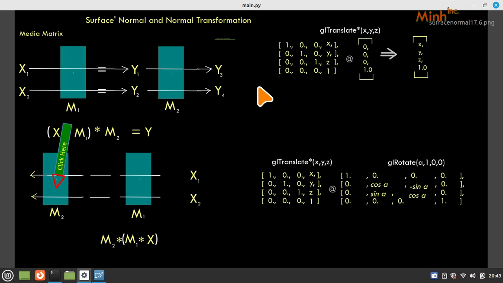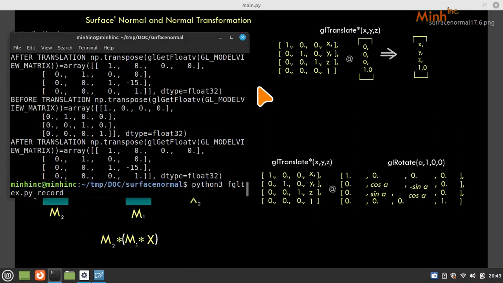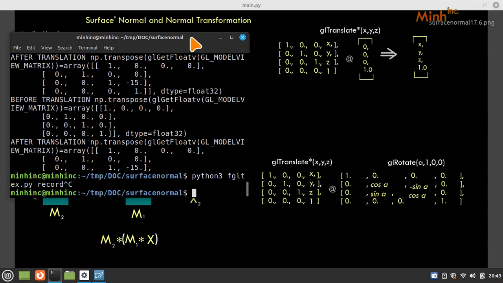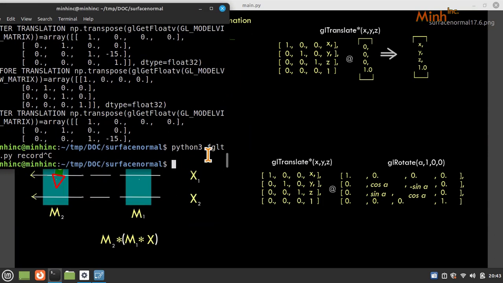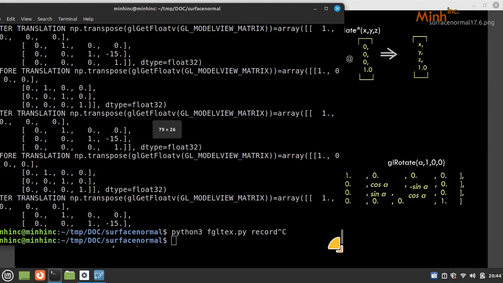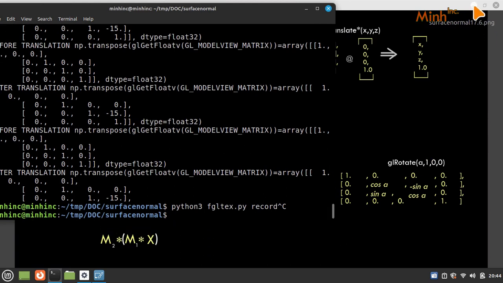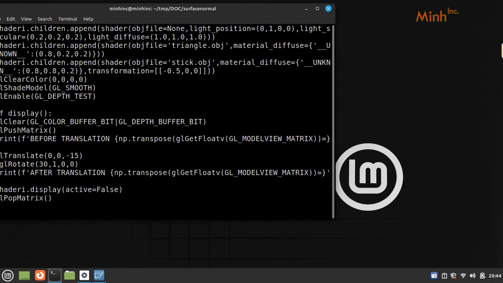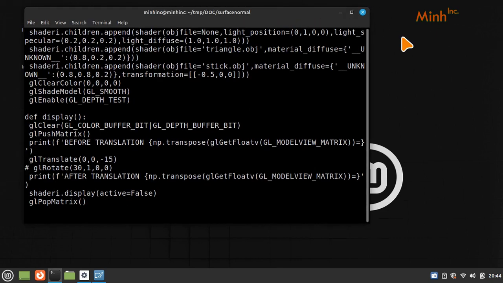Okay, I can see this. So whatever program we wrote now here, I'll do some changes. Okay, so in display we are translating minus 15.